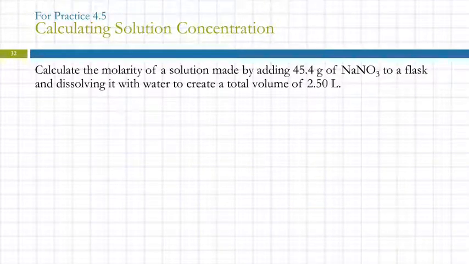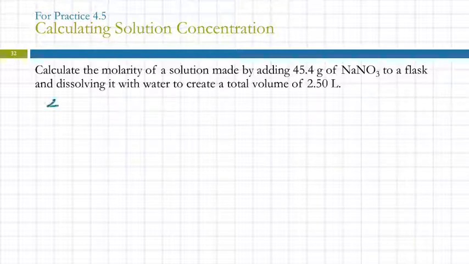Okay, so let's calculate solution concentration. Calculate the molarity of a solution made by adding 45.4 grams of sodium nitrate to a flask and dissolving it with water to create a total volume of 2.50 liters. Well, let's take those numbers and write them down.